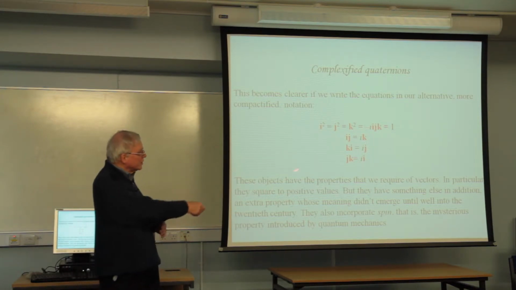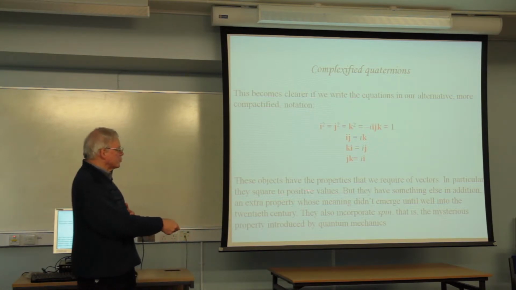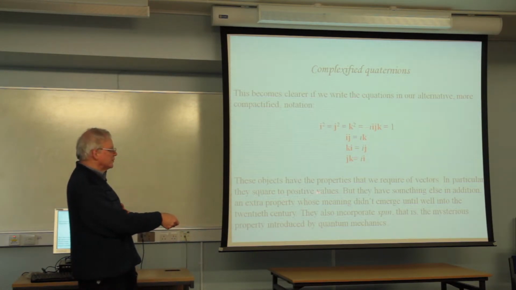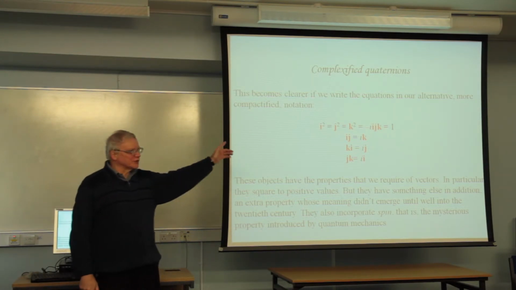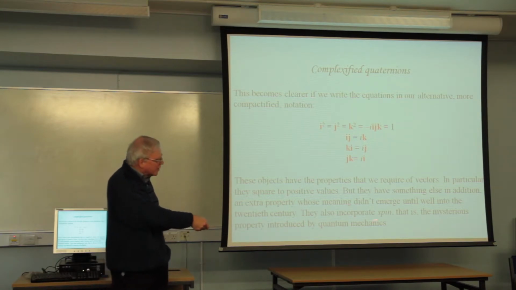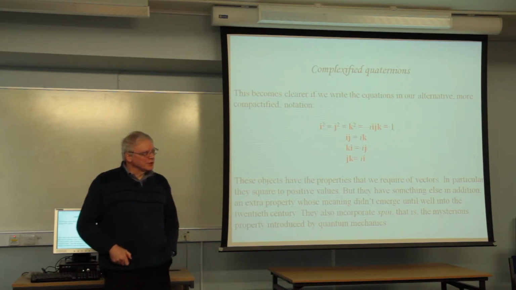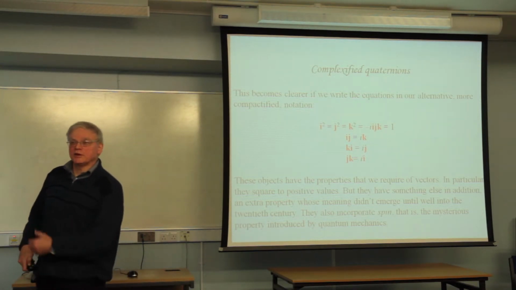And so effectively, these are Pauli matrices. These have the properties that we require of vectors. They square to positive values, but there's something else. Pauli matrices gives it away, and they actually incorporate spin. If you complexify quaternions, you get something that can bring in spin naturally.